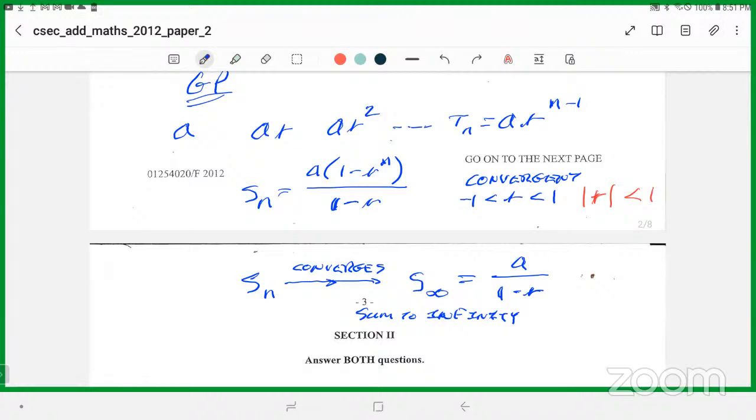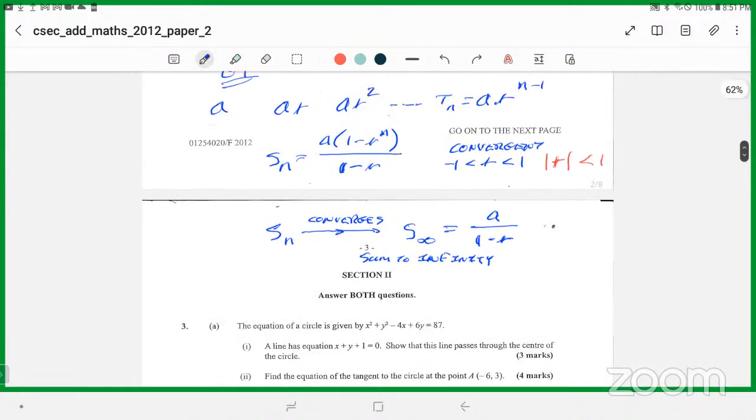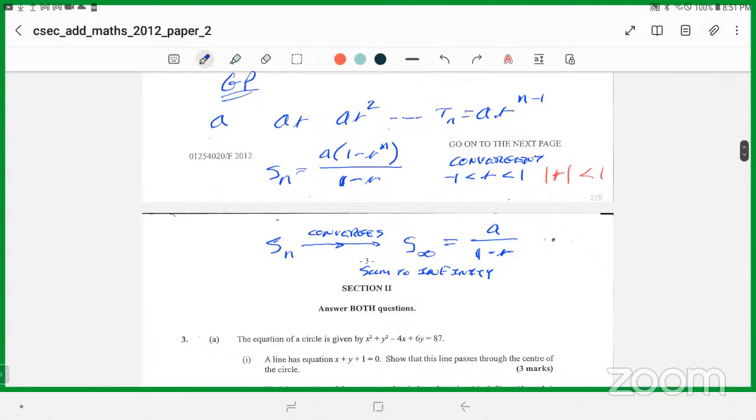When R is a fraction, you can test it for yourself. For example, 0.5 raised to the power 80 can almost be 0, because a fraction multiplied by itself multiple times gets smaller and smaller. This is approximately 0.